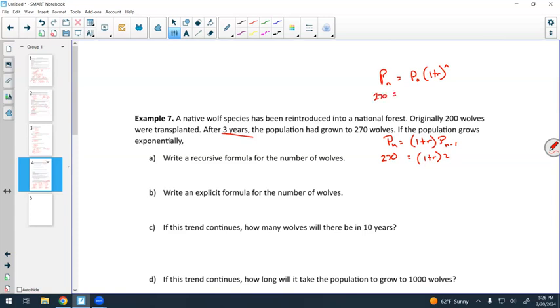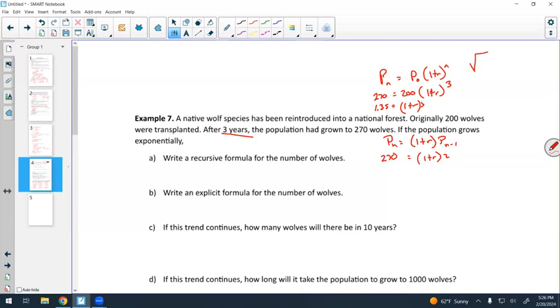So 270 equals 200 times (1 plus R) to the 3. So dividing both sides by 200, I get 1.35 equals (1 plus R) to the 3rd power.